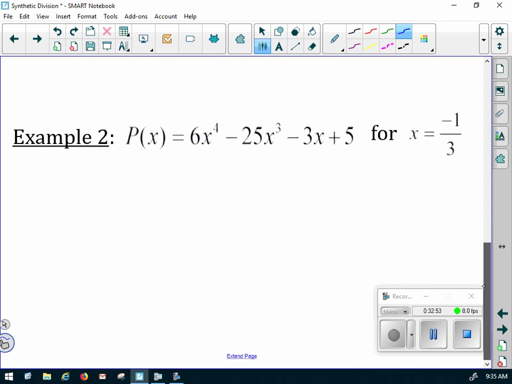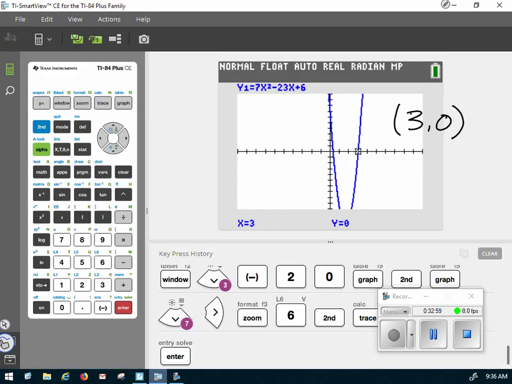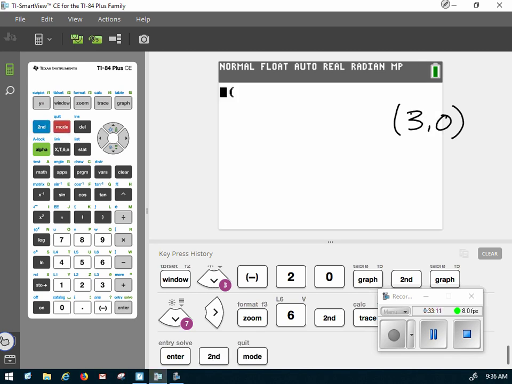Do you remember how to put a fraction into your calculator? Well, yeah, kind of. Okay. Second quit. Clear.